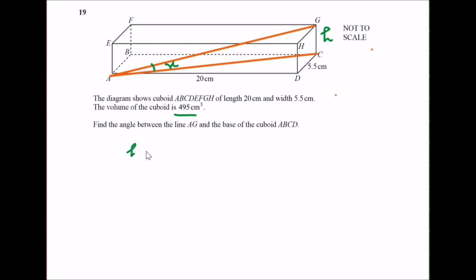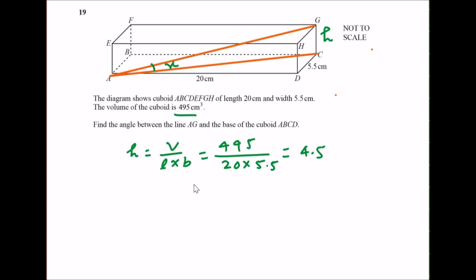So we can find the height. How? Volume divided by L into B. So volume equal to 495 divided by L is 20, B is 5.5, and if you calculate this, we get 4.5.